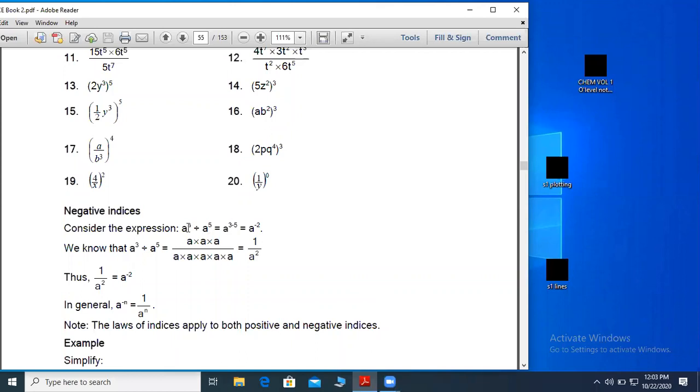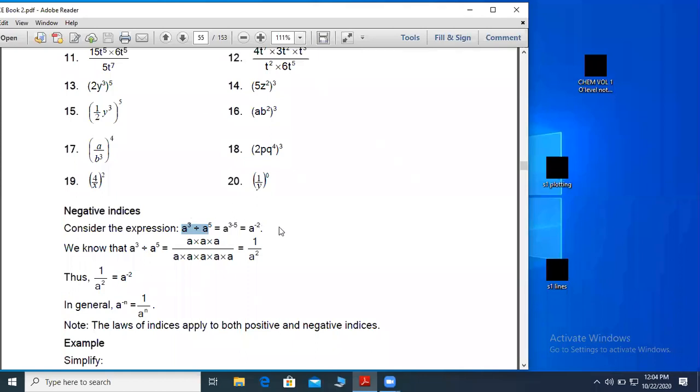You realize that the base is still the same. So we shall write the base, which is a, and divide, and we shall subtract the powers. On the powers, we shall have 3 minus 5, and the answer is a power negative 2. Okay?